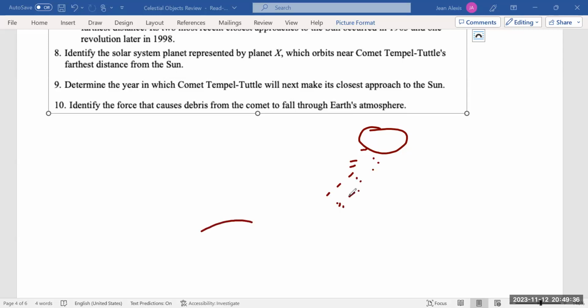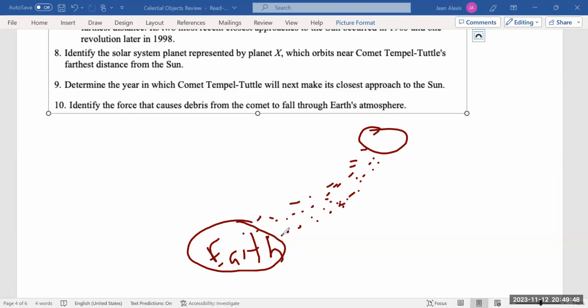And some of these pieces, debris, can fall right through the Earth's atmosphere. Okay, this is the comet. The debris that comes from the comet falls through to the Earth's atmosphere. The question is, what is the force that causes debris from the comet to fall through Earth's atmosphere?